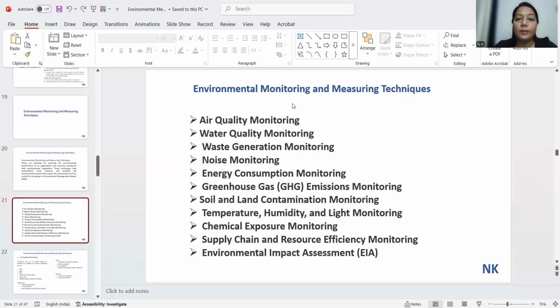So here are a few environmental monitoring and measuring techniques.